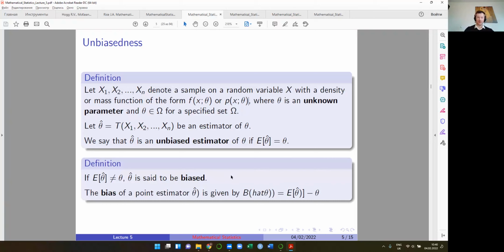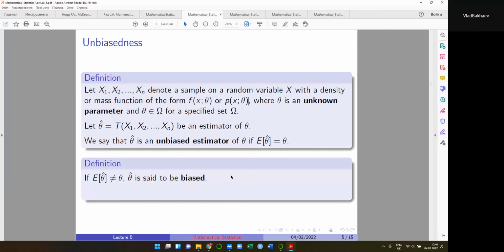Is it like dependent? No. Biased means that, look, I will show you in the next slide. I hope you will understand. It doesn't mean that they depend. It means that when you shoot your target, you expect to shoot not in the center, but somewhere else.